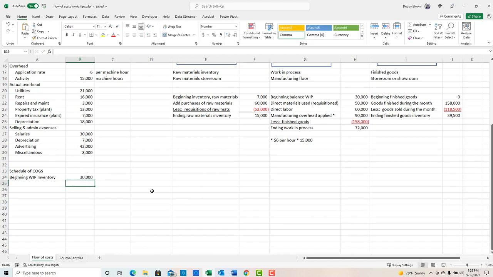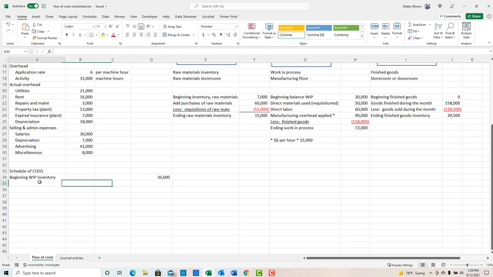Now the first thing that we have to do is calculate our direct materials used. So we have to do that in kind of a roundabout way because we're actually given the raw materials used in production of $50,000, but we're going to have to go about it kind of in a strange way. So that $30,000, I'm sorry, should actually have been in the 3rd column.